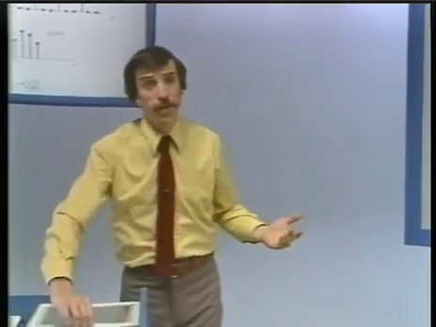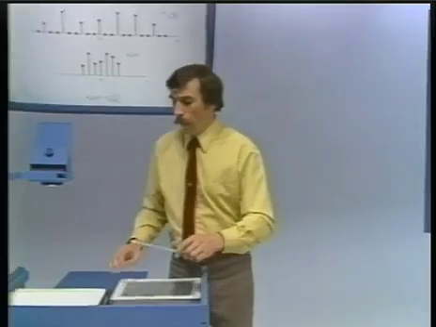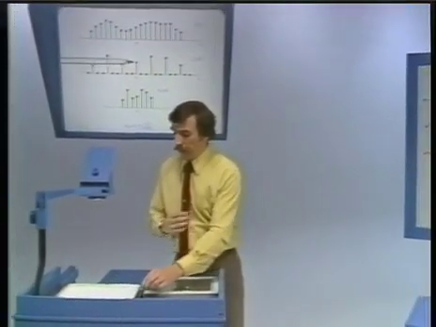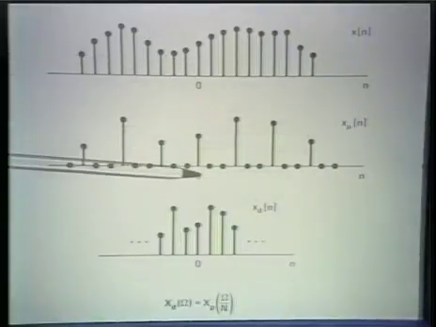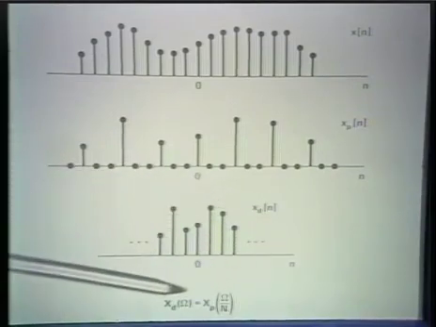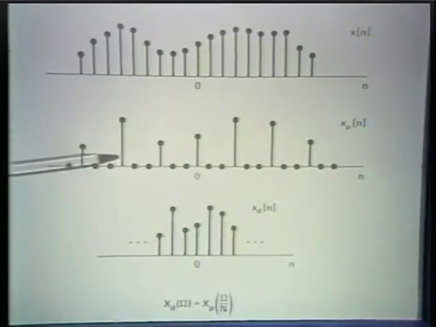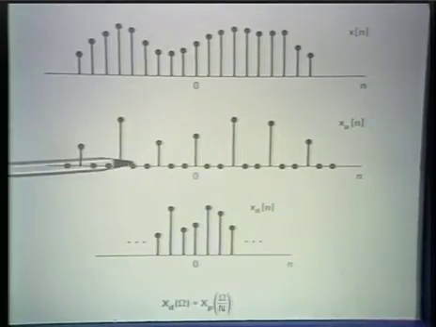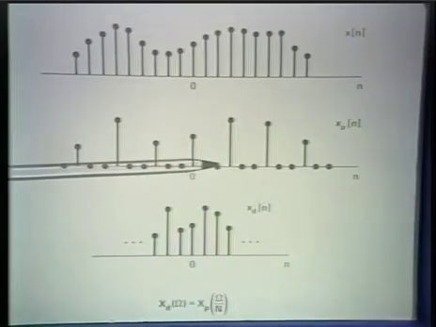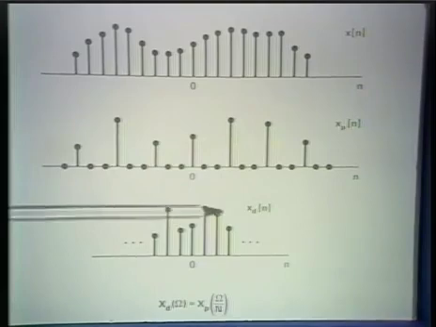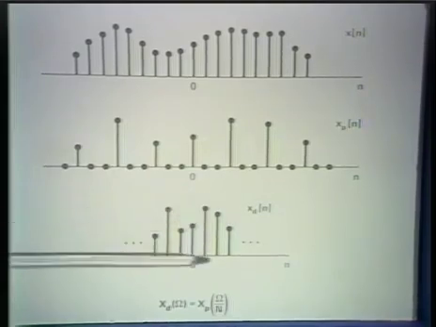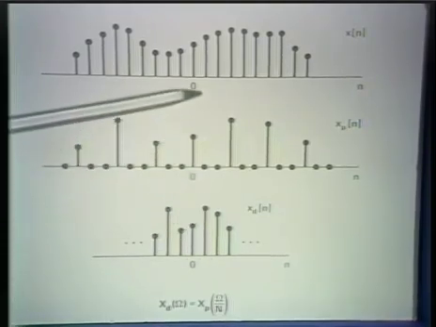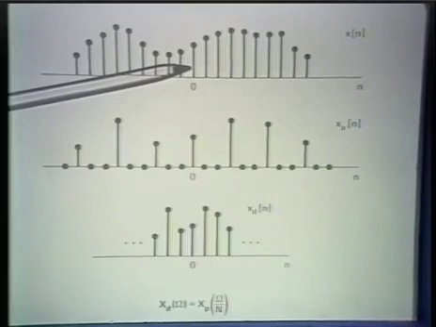What I mean by decimation is very simple. What we're doing is, instead of working with this sequence, we're going to work with this sequence. Namely, we'll toss out the zeros in between here and collapse the sequence down only to the sequence values that are associated with the original x of n.